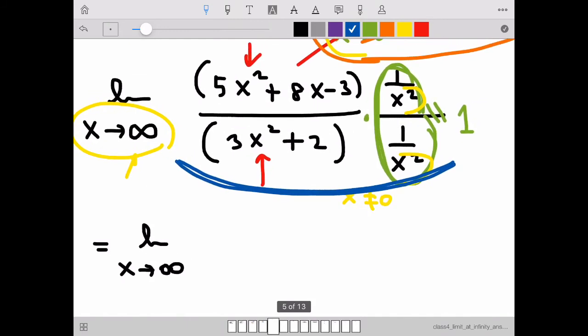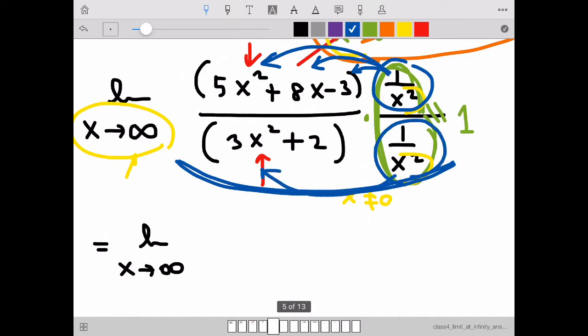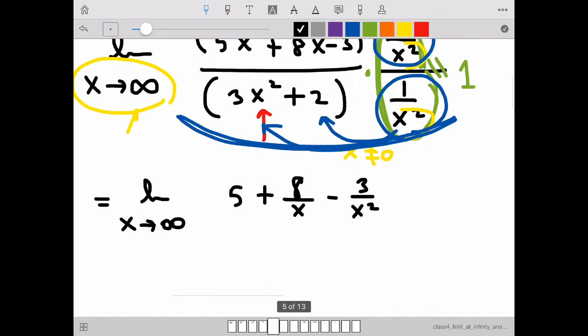So I have to distribute 1 over x squared to each. Then what do we get? We get 5 plus 8 over x minus 3 over x squared over 3 plus 2 over x squared. That's what we get.